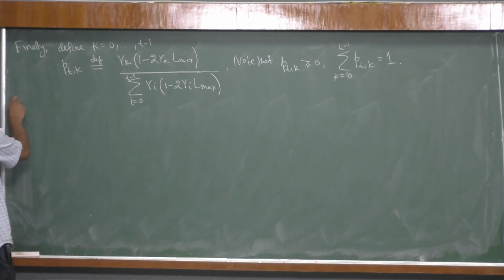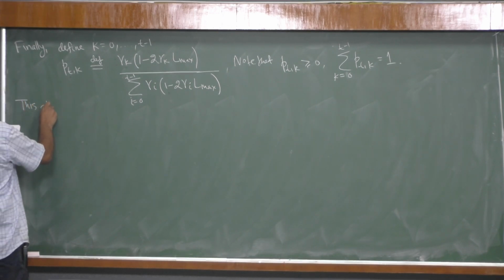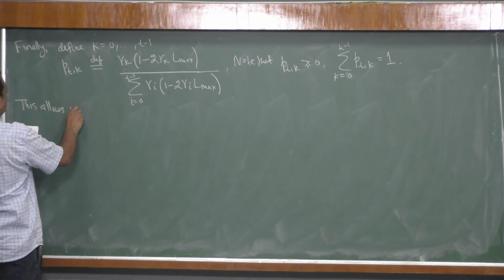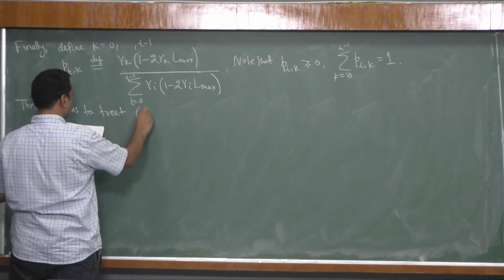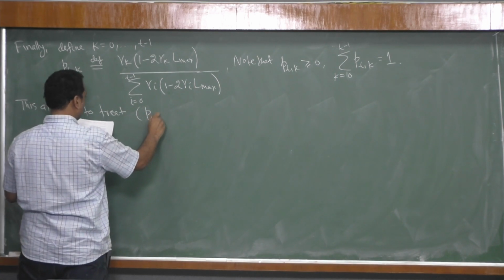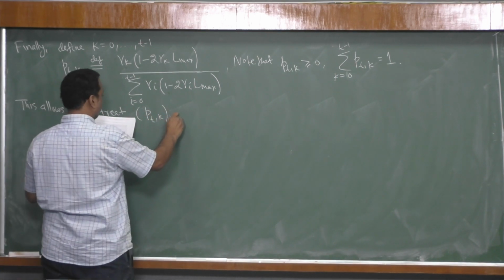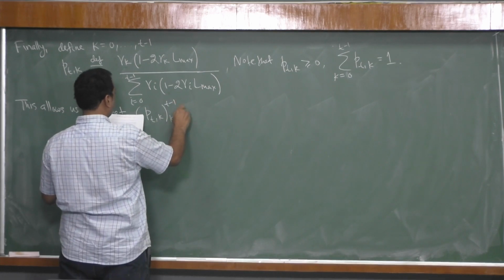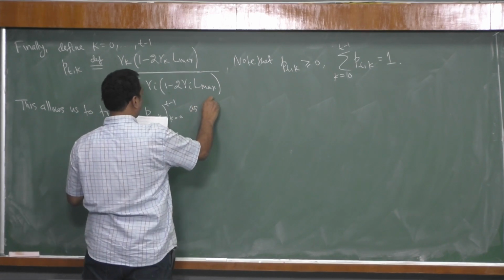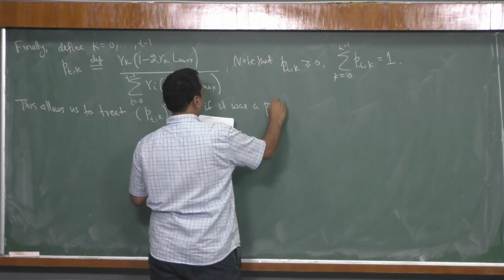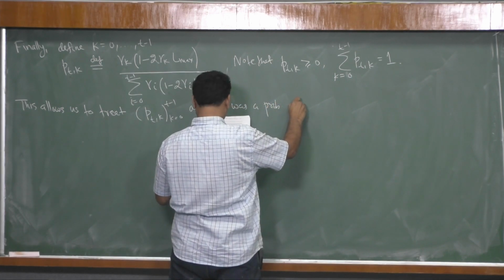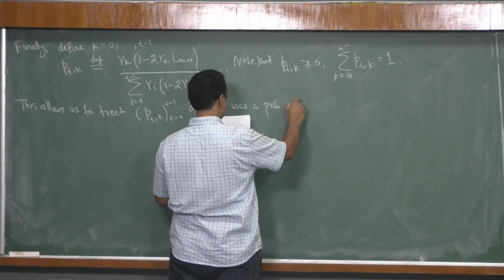So this allows us to treat p t k for k equals 0 to t minus 1 as if it was a probability. Why do they write vector? I mean, it should be a distribution, right?